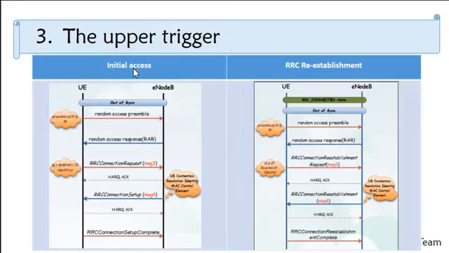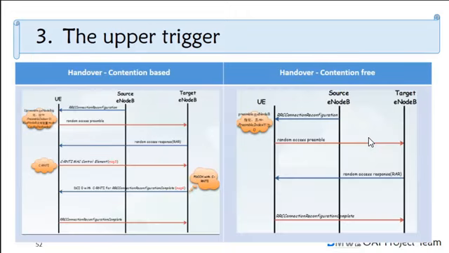The initial access is like the previous one, and the reestablishment is like this. If you have a handover, you will have the contention based and the contention free part.